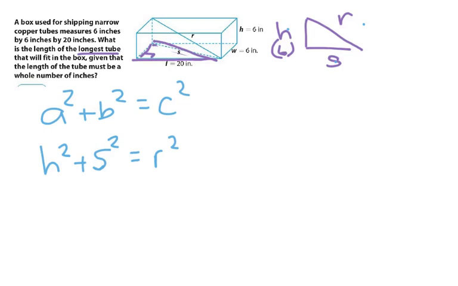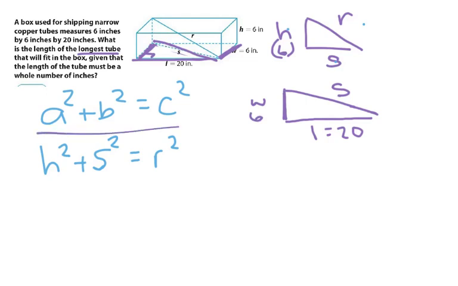So let's rewrite that triangle on the side as well. So this would be this, and this was S. In this triangle we don't know what S is, and we know this one is the L, which equals 20, and this is the same thing as this width, W, and that was a 6.